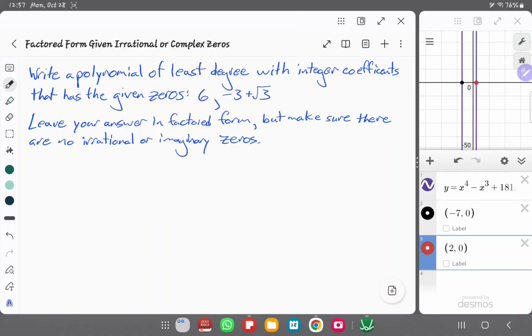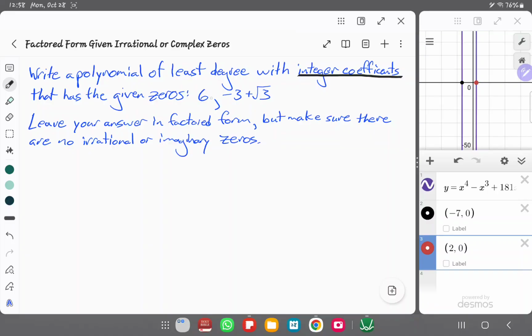So with this one, the key on this one is this term. It's a polynomial with integer coefficients, meaning if I multiply it all the way out, I should only have these regular whole numbers like 3, negative 3, 5, stuff like that, but no fractions, no roots, no i's, any of that.